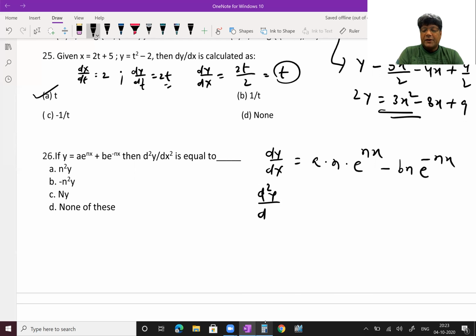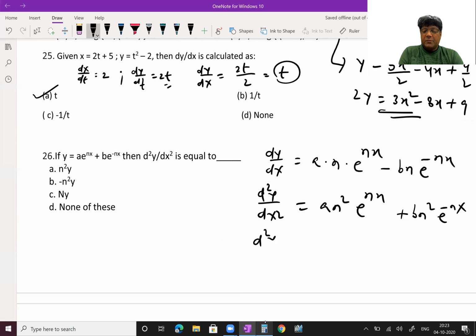So d2y by dx2 is equal to, now again n will come out because the e power nx derivative will be n e power nx. So it will be a n square e power nx. Here, bn into minus n, so minus minus plus, it will be bn square e power minus nx.